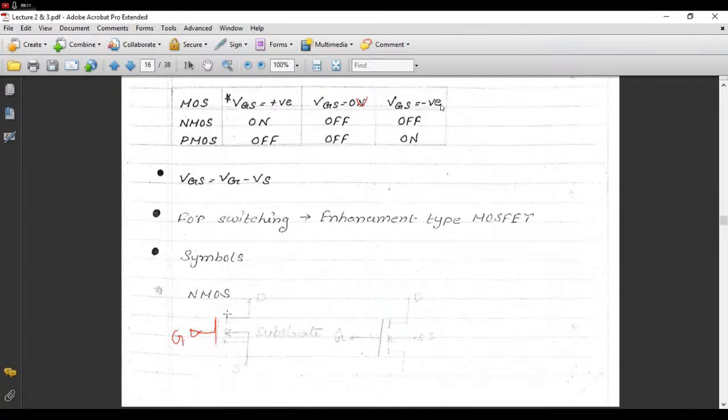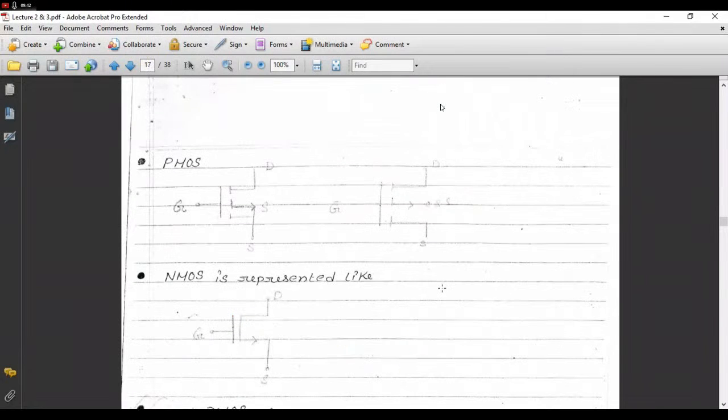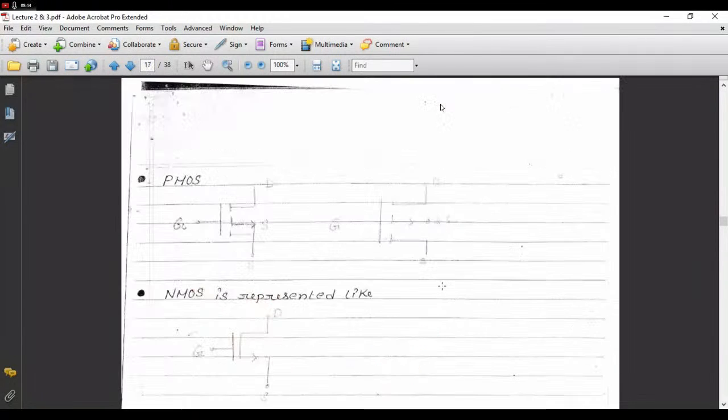So let me show you one by one. These are the two different symbols.